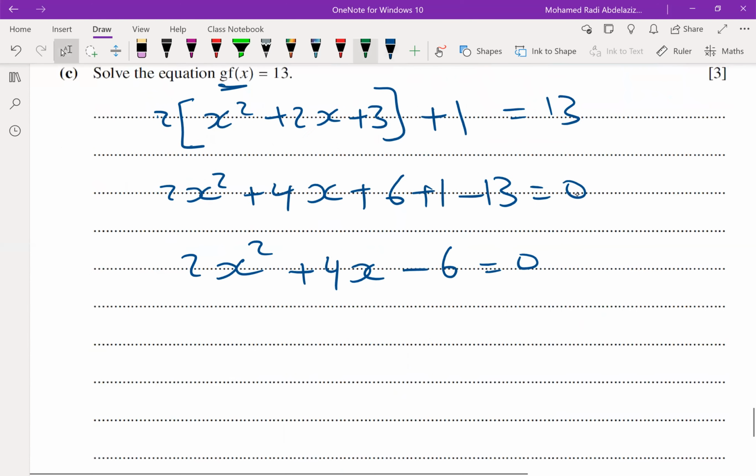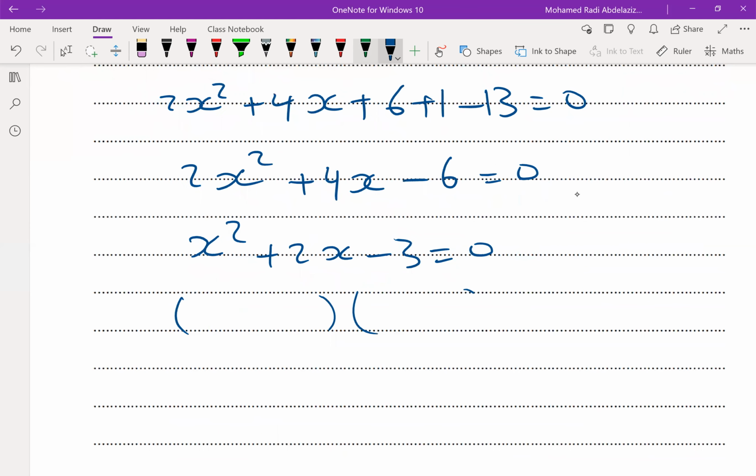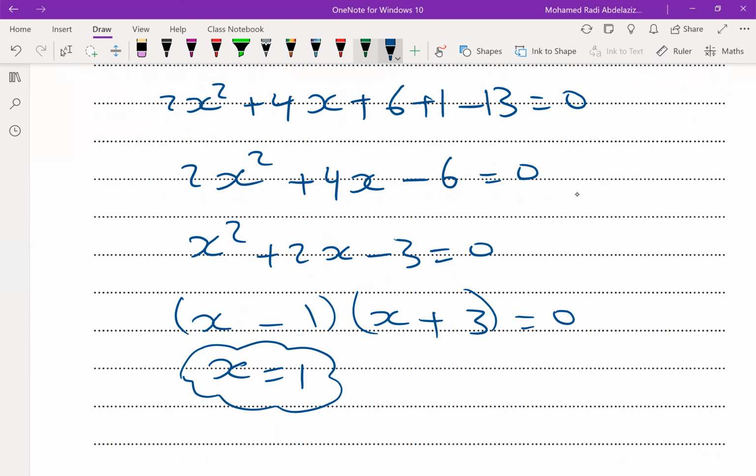You can divide it by 2: x squared plus 2x minus 3 is equal to 0. By factorizing, x multiplied by x, 1 times 3, negative bigger, take the sign of the middle term, the other is opposite. So x is equal to 1 and x is equal to -3.